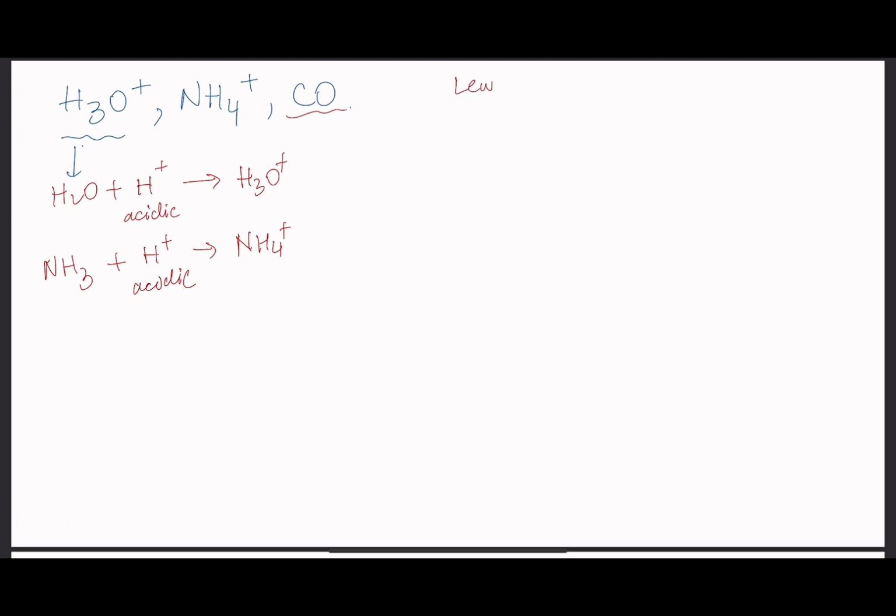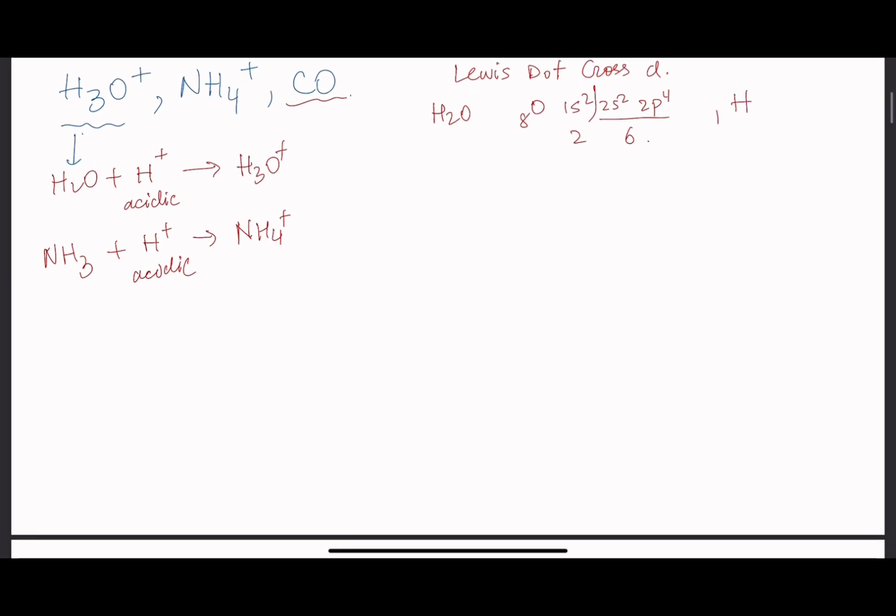We're gonna do the Lewis dot cross diagram of water. So we got oxygen, where the oxygen electronic configuration is 1s2, 2s2, and 2p4. So we got 2 electrons in the first shell and 6 electrons in the last shell. So we're gonna draw oxygen with 6 electrons, and hydrogen is 1 electron, so it'll be 1s1.